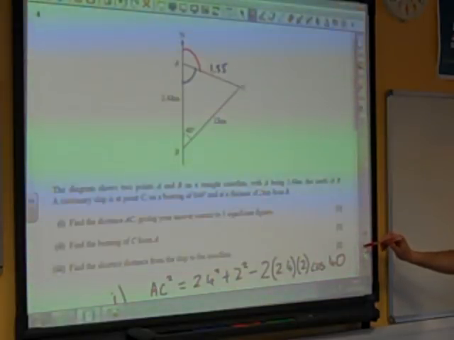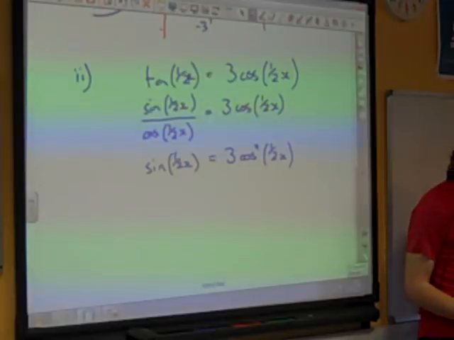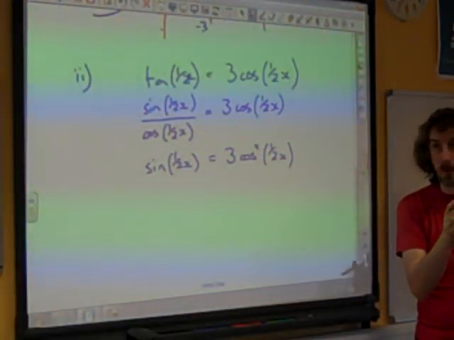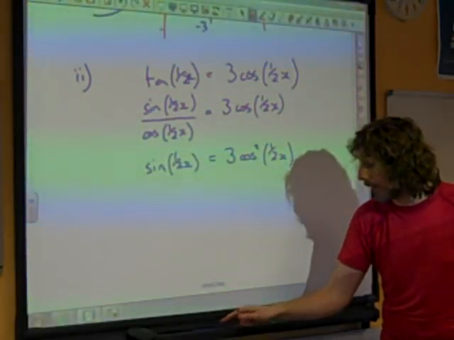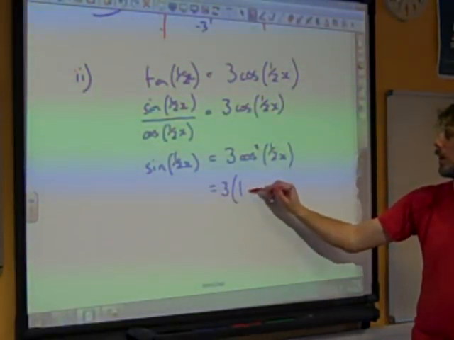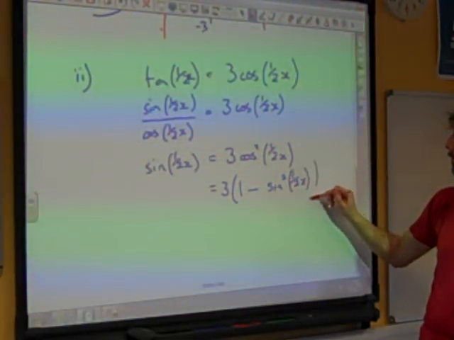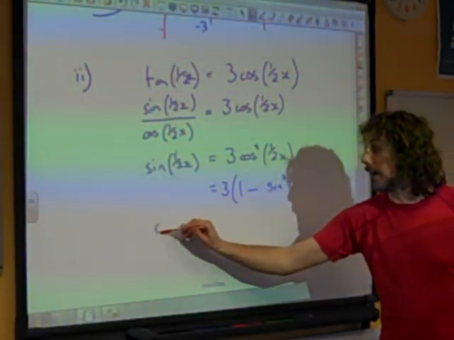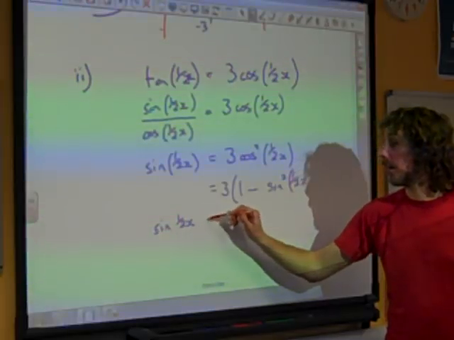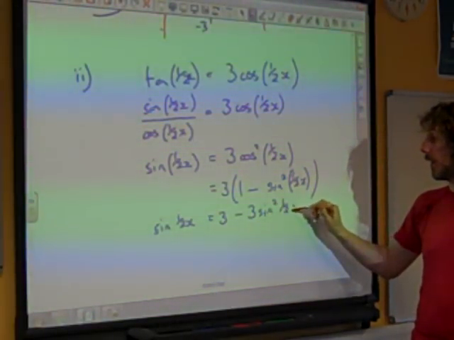So if we go back to our question, we're still, in our mind, aiming for everything in terms of sine. Here we've got 3 cos squared, so that's going to be 3 lots of 1 minus sine squared of half x. And now we're making some progress with this, because that is sine of half x is 3 minus 3 sine squared of half x.